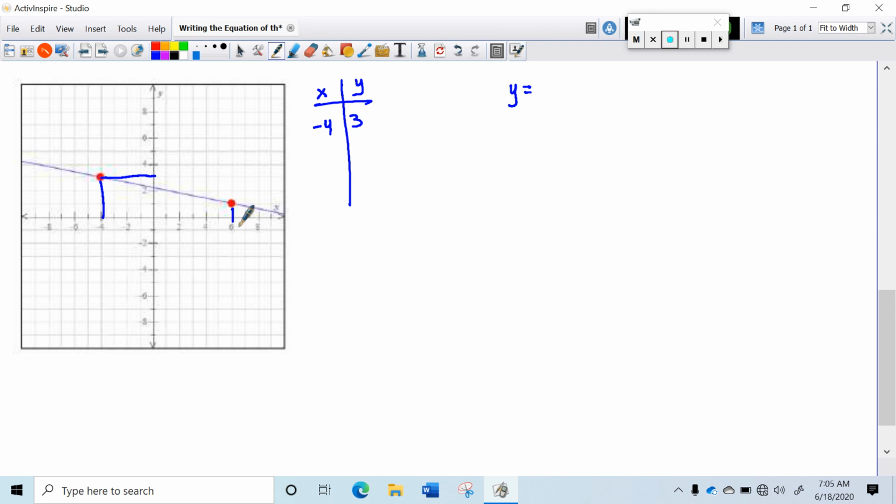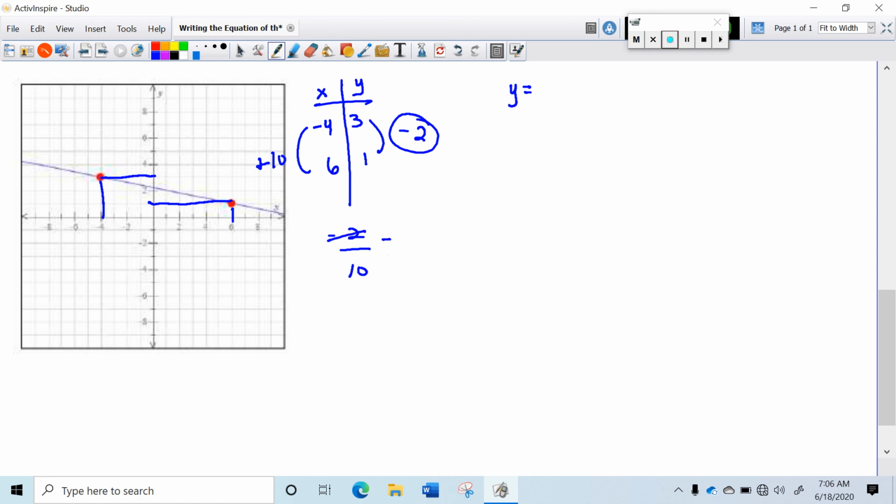And this is 6. 1, 2, 3, 4, 5, 6. 1. Okay, from 3 to 1 you're subtracting 2. From negative 4 to 6 it's getting bigger, so you're adding 10, because the signs are different, so just add the numbers. So negative 2 tenths.